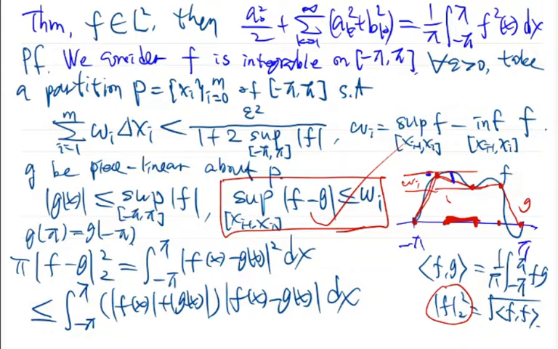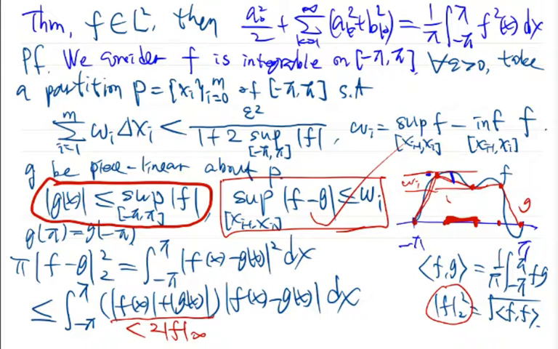The first term here will not be greater than the supremum of the absolute value of f, because g is controlled by f, and f, of course, is also controlled by f itself. So this term will not be greater than twice the L infinity norm of f.